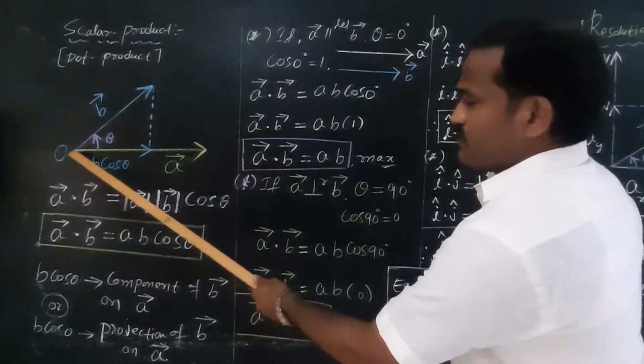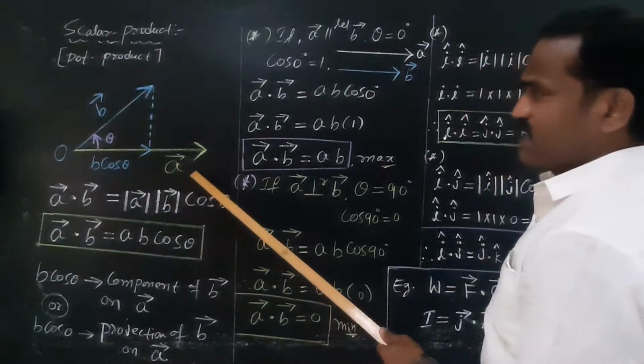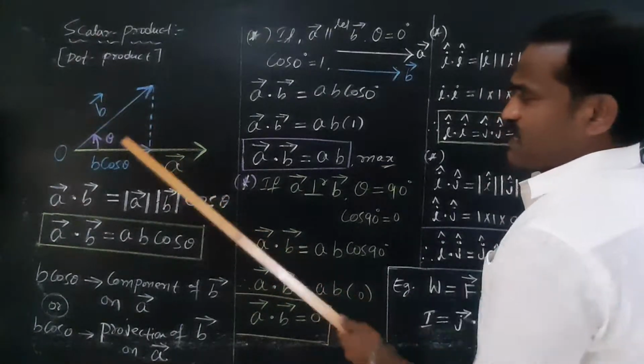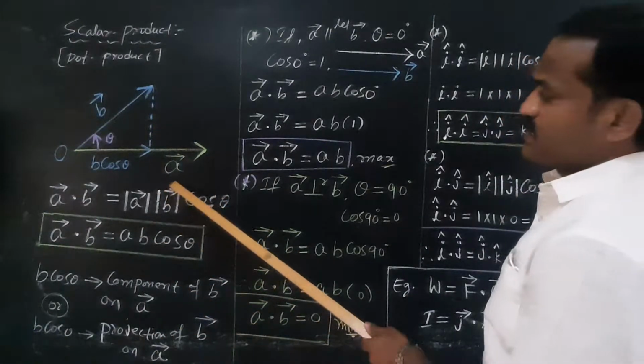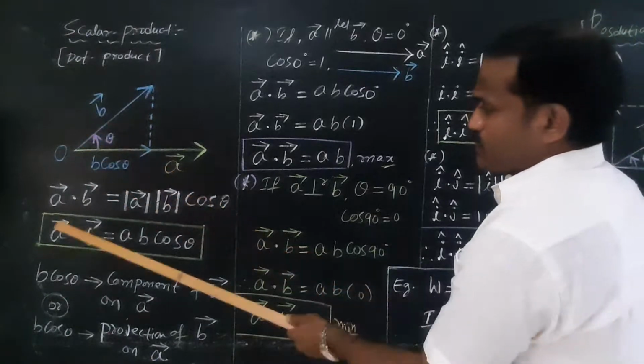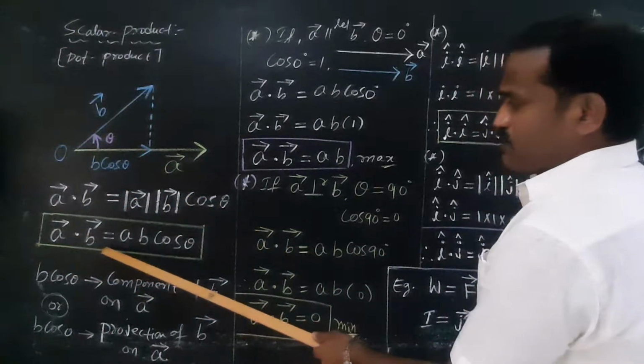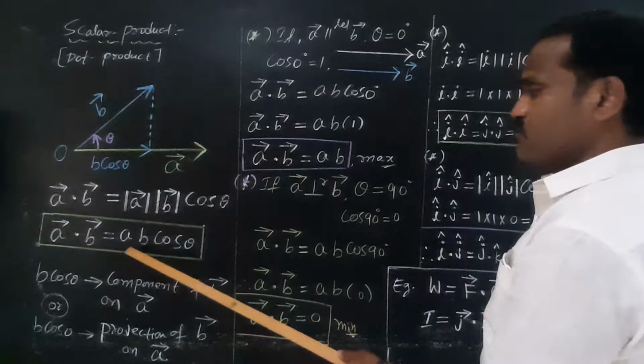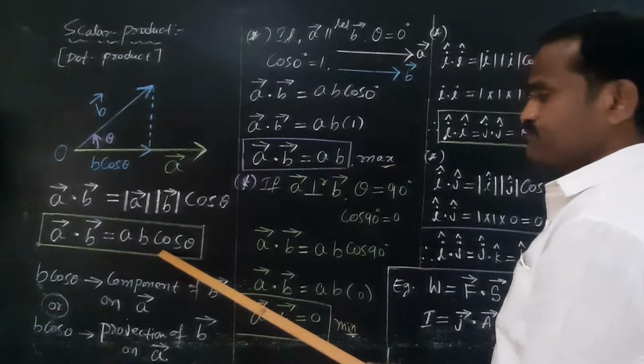Let us consider vector A, vector B which are acting at an angle of theta, vector A dot with vector B. Therefore, vector A dot vector B is equal to magnitude of A into magnitude of B into cos theta.